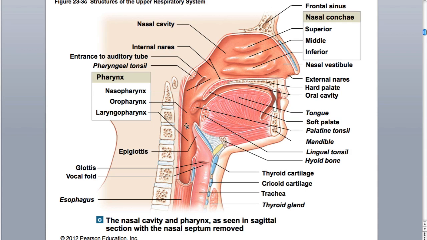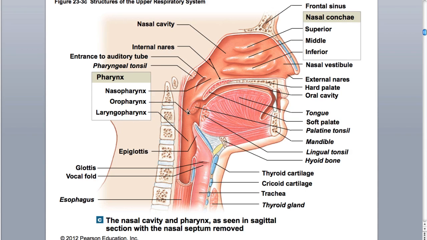Then we have the epiglottis. Now this is the fold that will actually bend down and close off the passageway. So therefore, food and drinks do not end up down your air pipe and into your lungs. Okay, so this is a fold that we'll talk about, the epiglottis. Then the pharynx.